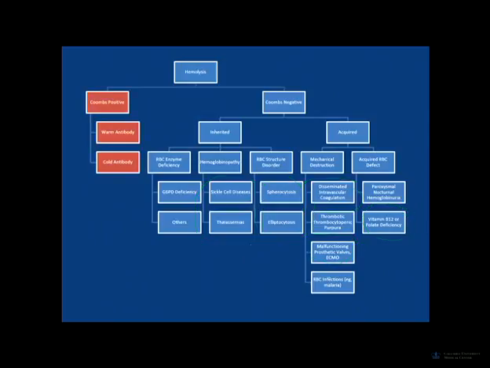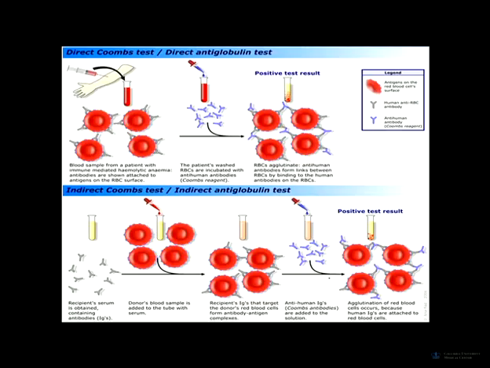So let's talk about antibody-mediated hemolysis. This is the Coombs test right here. If you just look on the upper left-hand corner, this is the patient. The patient has erythrocytes which have antibodies on the surface.